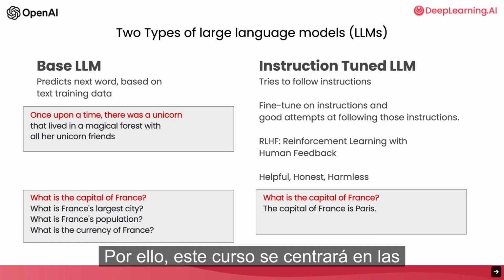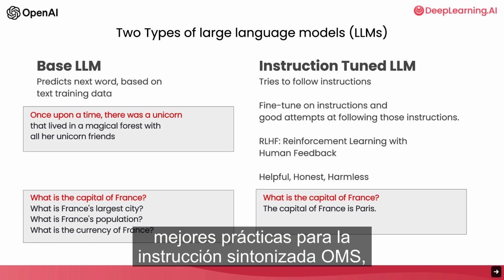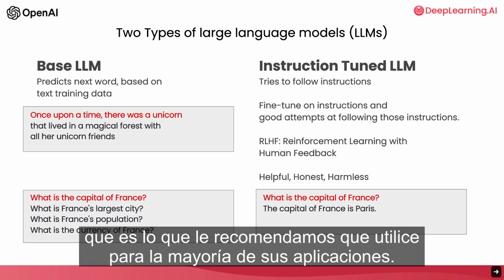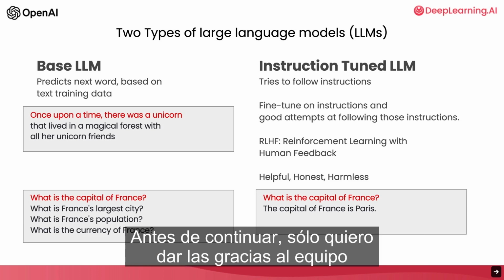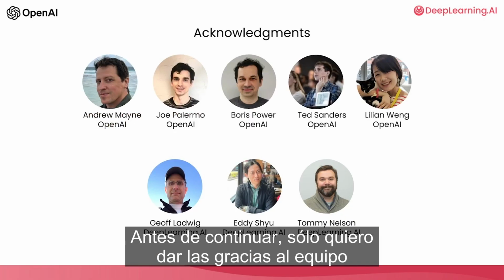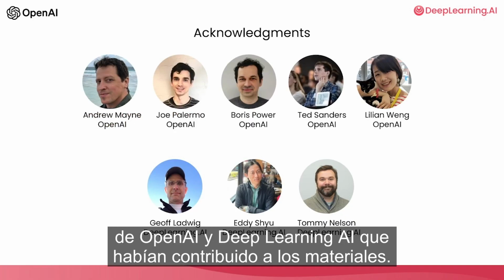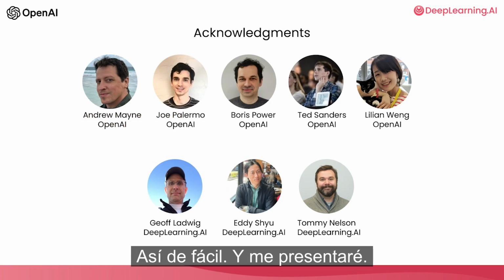So this course will focus on best practices for instruction-tuned LLMs, which is what we recommend you use for most of your applications. Before moving on, I just want to acknowledge the team from OpenAI and learn.deeplearning.ai that had contributed to the materials that Isa and I will be presenting.